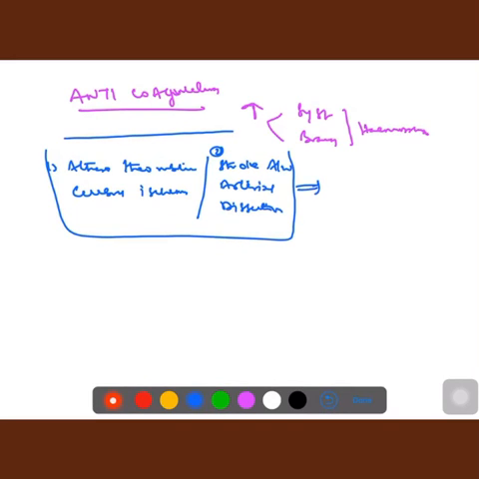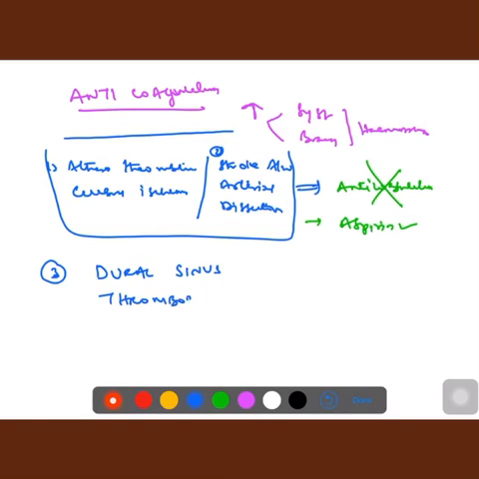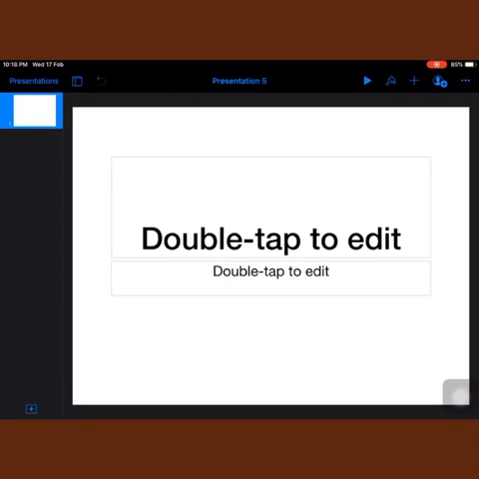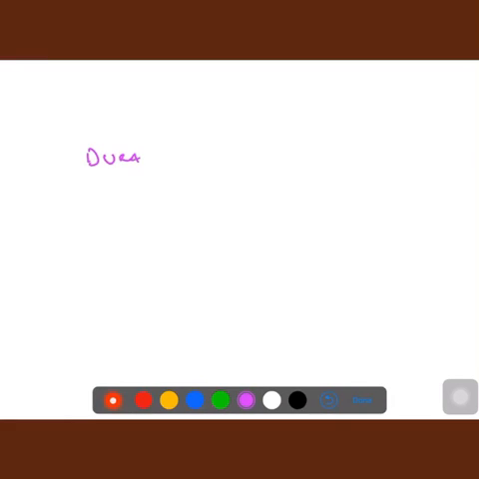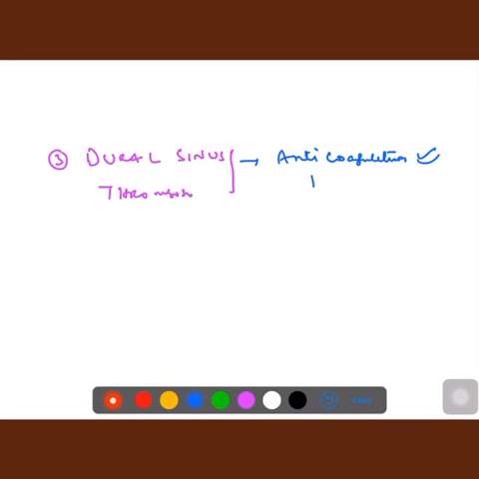But for dural sinus thrombosis, anticoagulation should be given, because anticoagulation will halt the progression of sinus thrombosis.